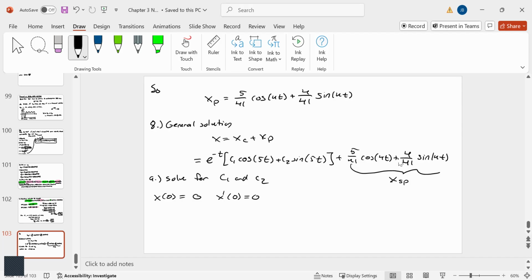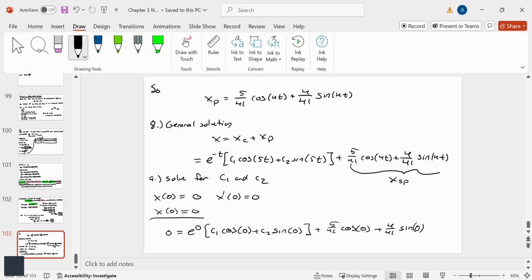So if we plug in 0, we get 0 equals e to the 0, c1 cosine of 0 plus c2 sine of 0 plus 5 over 41 cosine of 0 plus 4 over 41 sine of 0. Gone, gone. So 0 is equal to c1 plus 5 over 41, which means c1 is equal to negative 5 over 41, just like that.